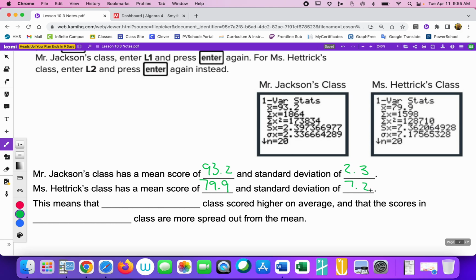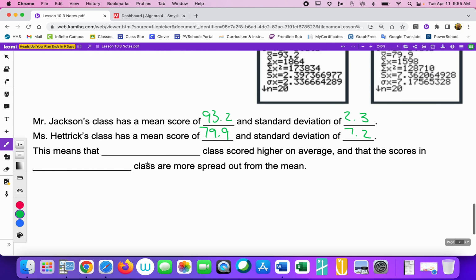Okay. So this should have been pretty obvious. Whose class scored higher on average? Mean is the higher, so Mr. Jackson. And the scores in Miss Hetrick's class were more spread out.